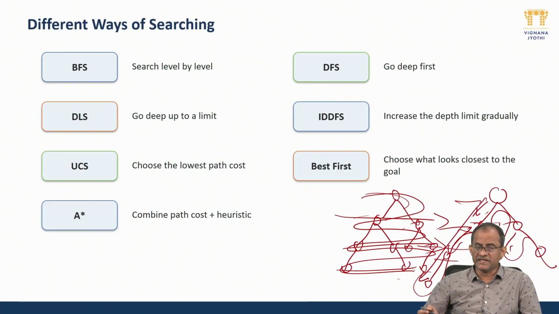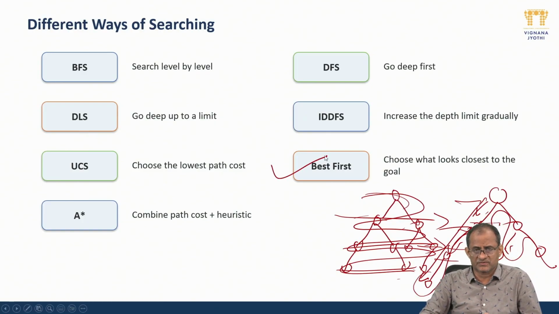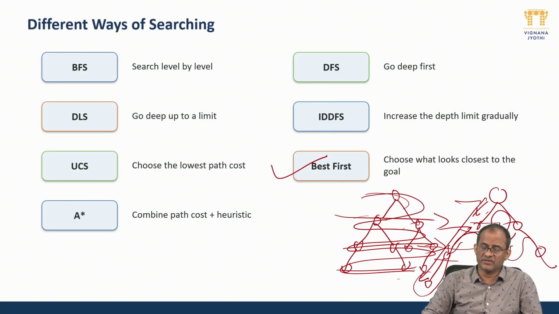Then based on the cost, we have uniform cost search. Next one is best first search. Best first search is a particular algorithm which is mostly based on heuristic values. There are actually 2 values based on which AI decides. First one is the path cost, second one is the heuristic cost. We will see later what the heuristic cost is and how it plays a role whenever taking decisions.